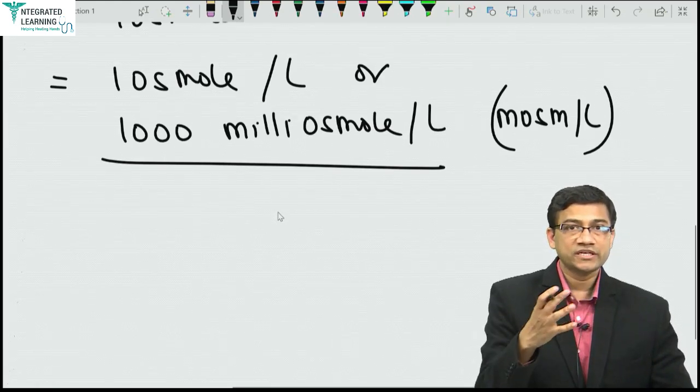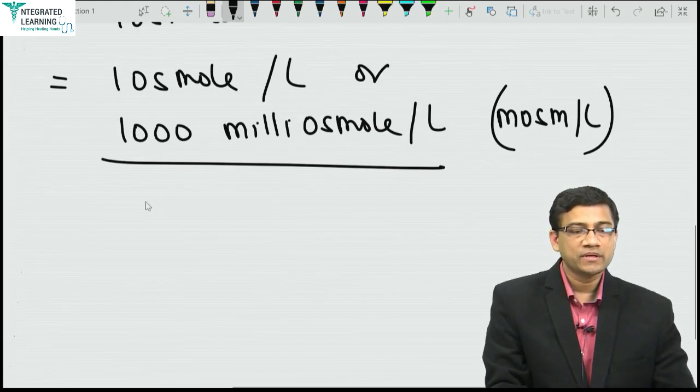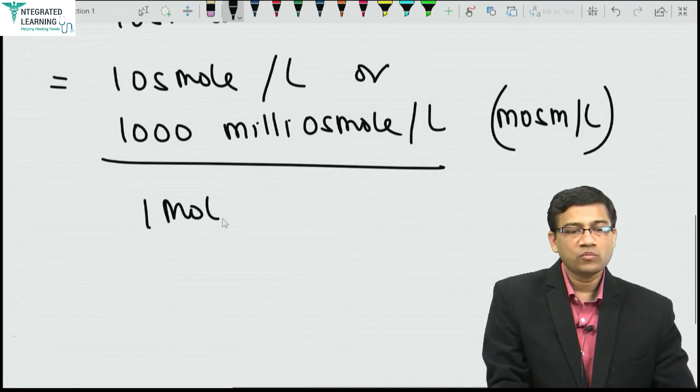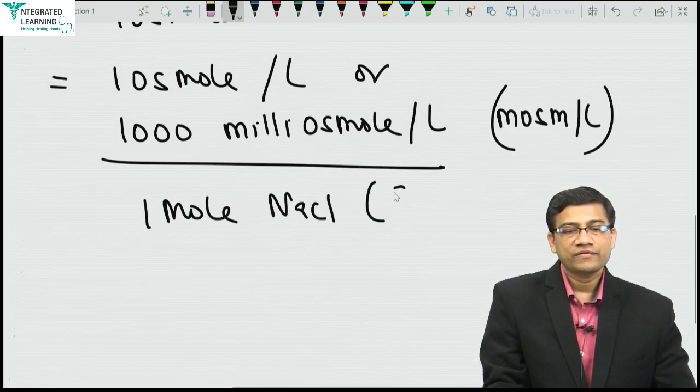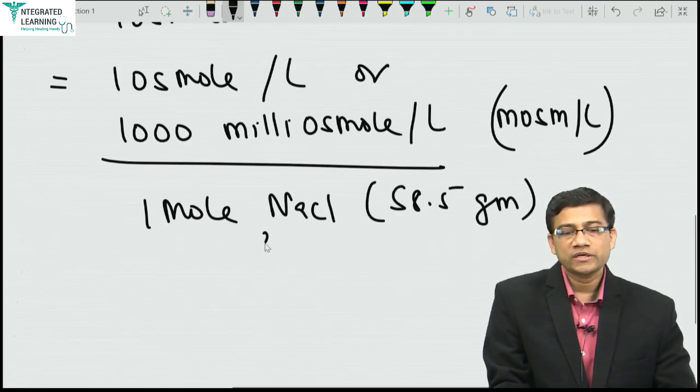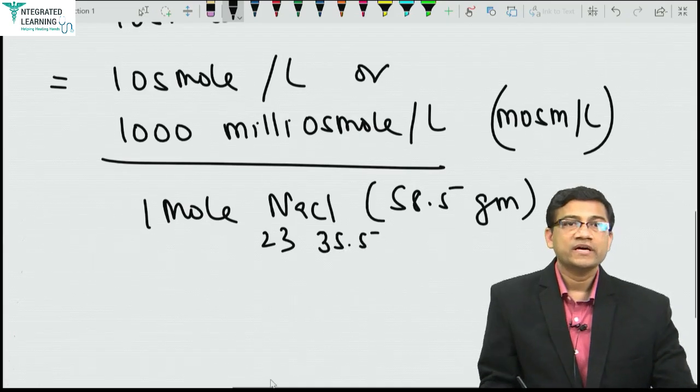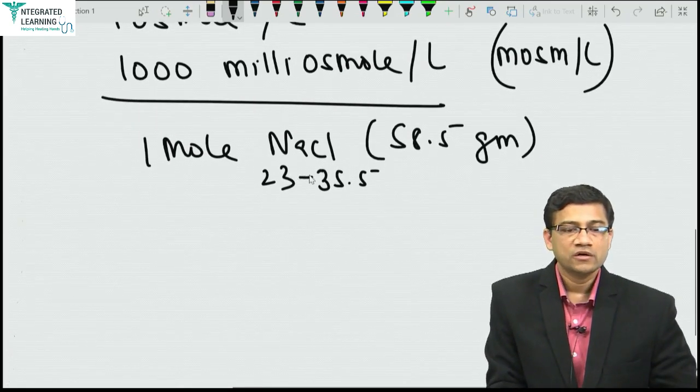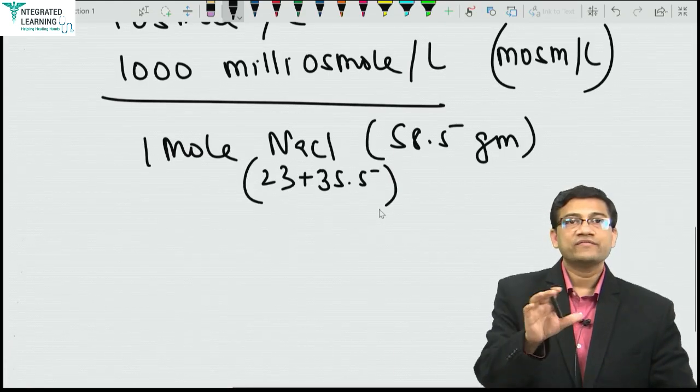Now the things change if you take something else. For example, if I take 1 mole NaCl, that is approximately 58.5 grams. Why? Because 23 is sodium and 35.5 is chloride. So that's why it gives roughly 58.5.